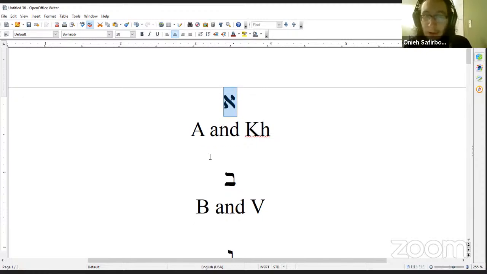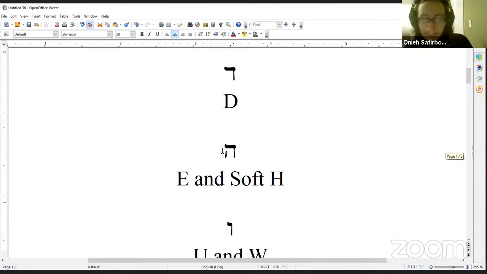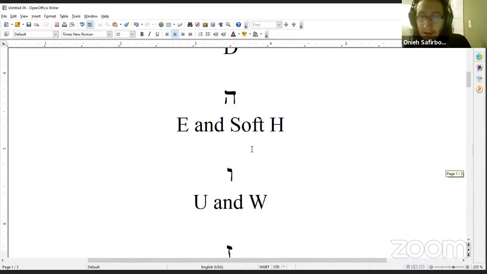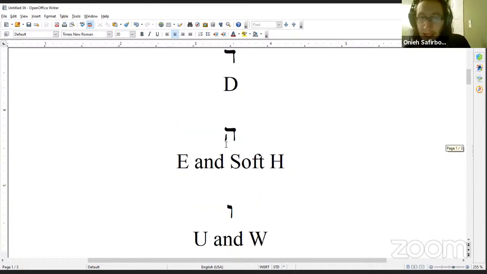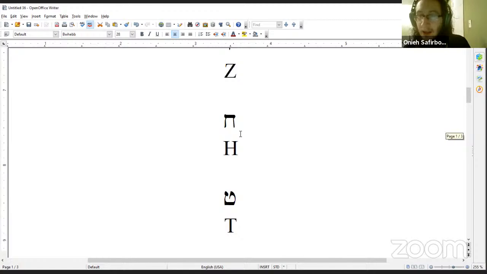The next vowel we come to is the letter E. It corresponds to the English letter E. It's the letter Hey in Hebrew. Typically the traditional pronunciation of Hey as a consonant is a regular H sound, ha, and then Het has the ch sound.